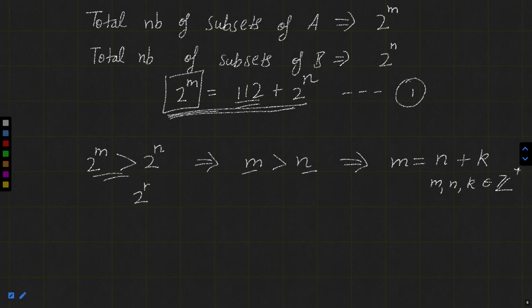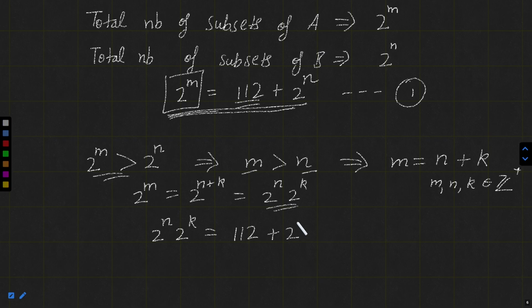So 2 to the m will look like 2 to the n plus k, which is 2 to the n into 2 to the k. So in equation 1, we replace 2 raised to the power m, and we have 2^n times 2^k is equal to 112 plus 2 raised to the power n.